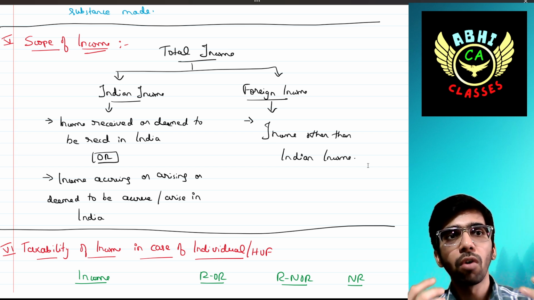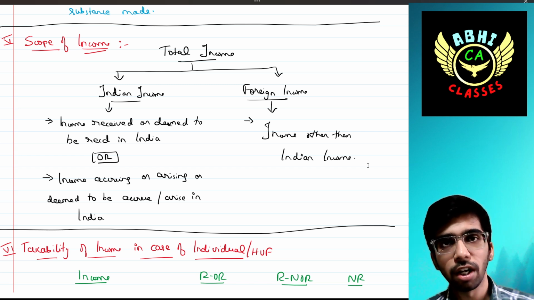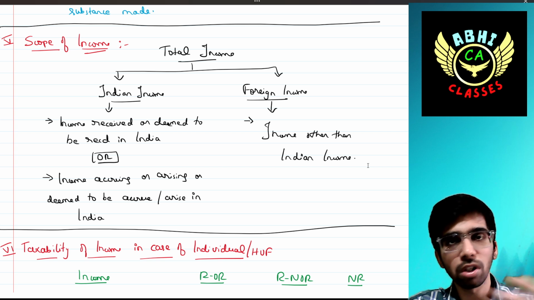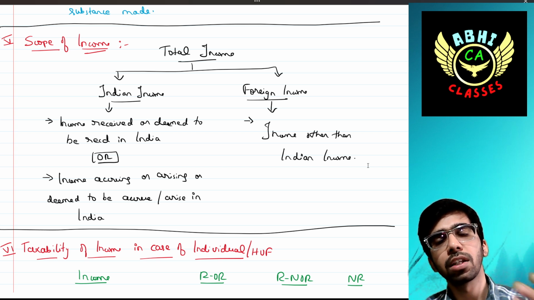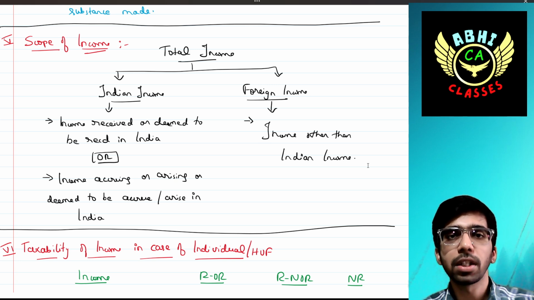Generated means if you have worked for an Indian company but you have received that income outside India, in your bank account outside India, then that's also called Indian income because it is generated in India. Okay. Then what do you mean by foreign income? Income other than Indian income. Foreign income means income other than Indian income.